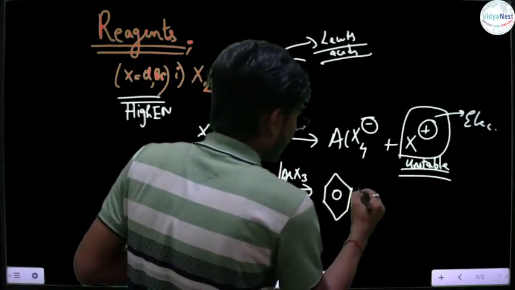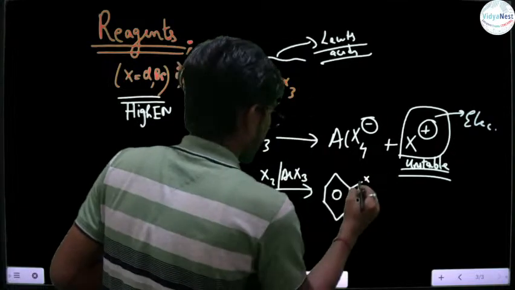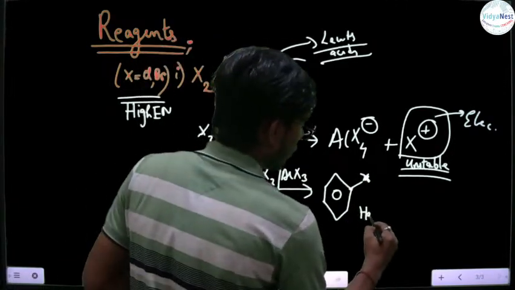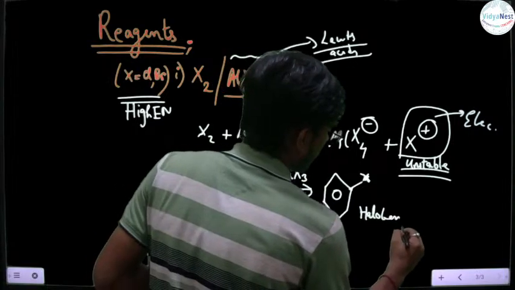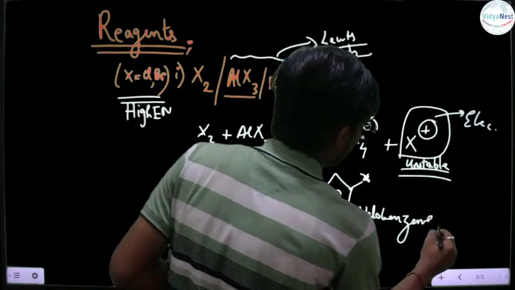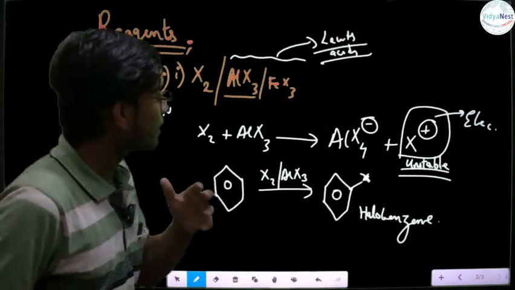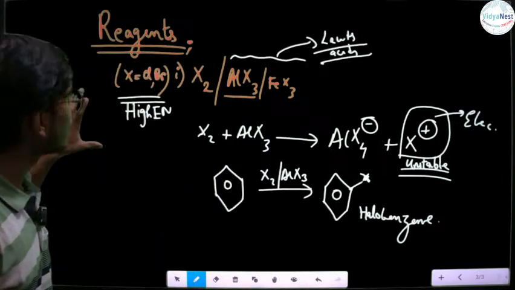We'll have this X. This will be our product. So this is a halobenzene, right? So halobenzene will be formed. If this is clear, this was about our first reagent.